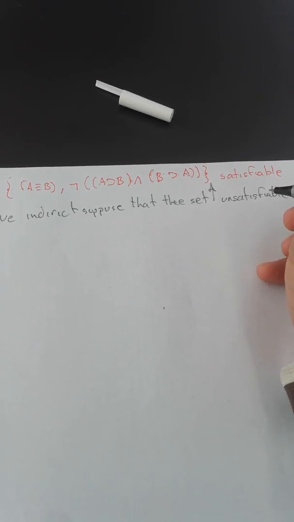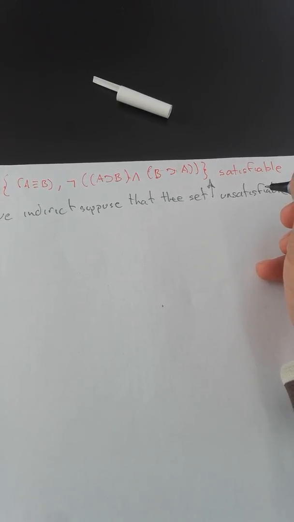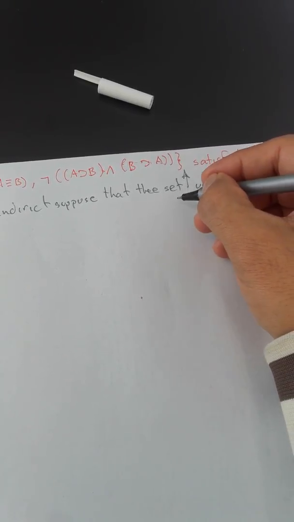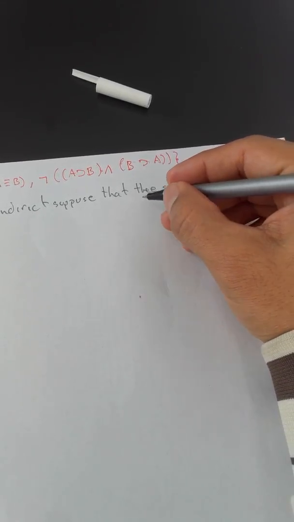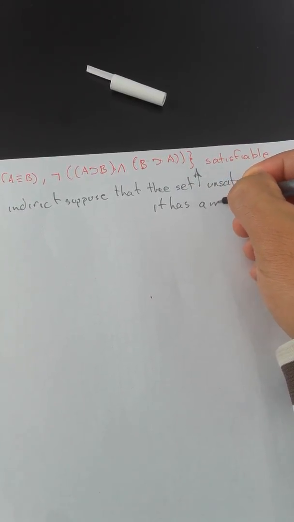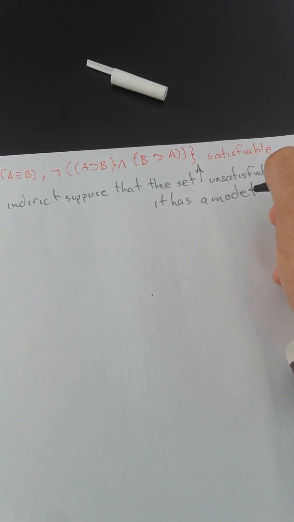This is unsatisfiable. Let's check the opposite, that it has a model. It has a model. That means the totally opposite. Let me explain you why.